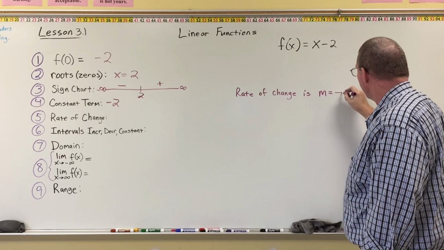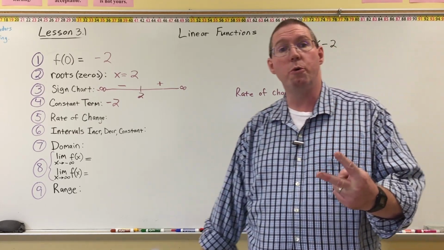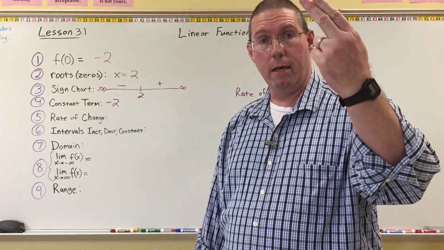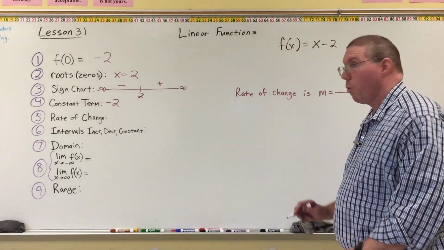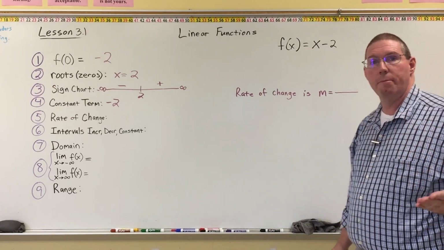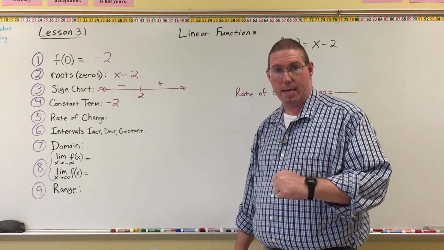What we're going to do is a fraction, and we're going to take two x values and plug them into the function and get two output values, okay? We're going to call the input value A, and we're going to call the output value B, okay?